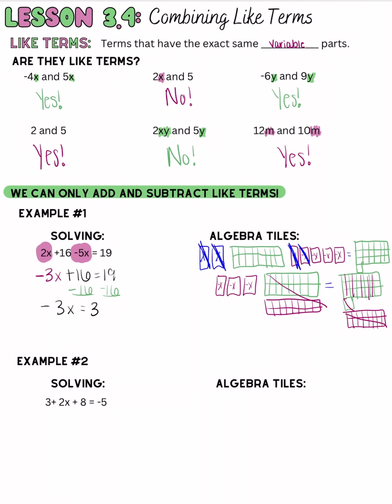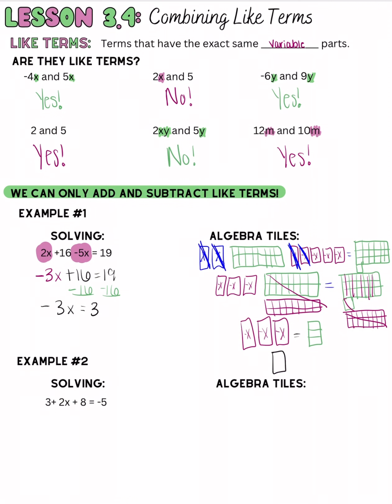Okay, so then I have negative 3x equals positive 3.